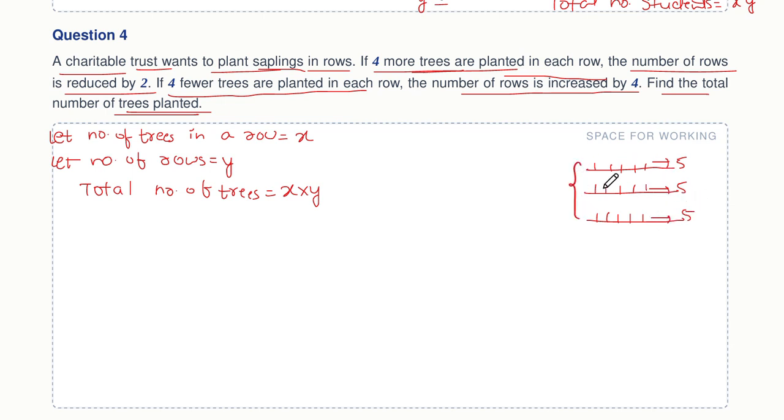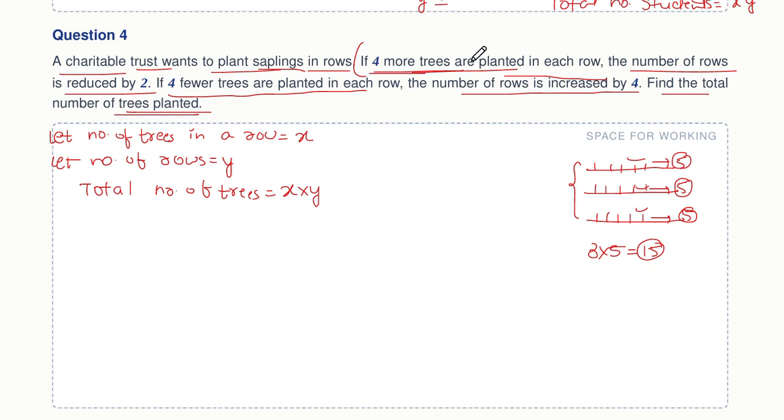Total 3 rows are there, multiplied by, in each row how many trees are planted? 5. So 3 multiplied by 5, which is 15. So if you multiply the number of rows by the number of trees in each row, we'll get total number of trees. Same concept. So we'll start with the first statement.